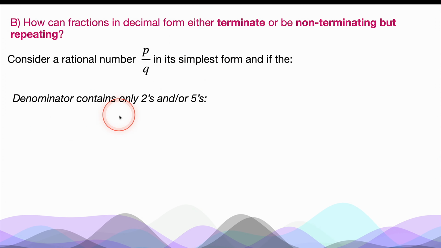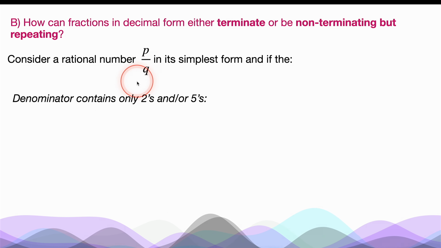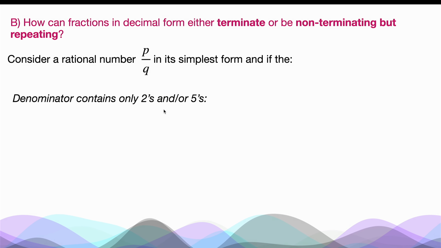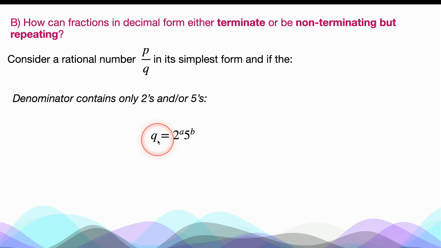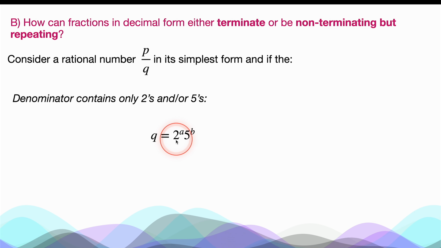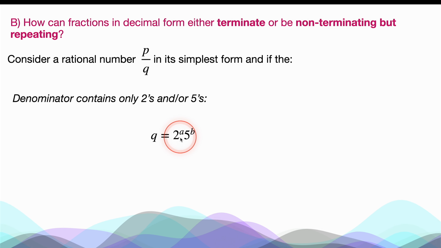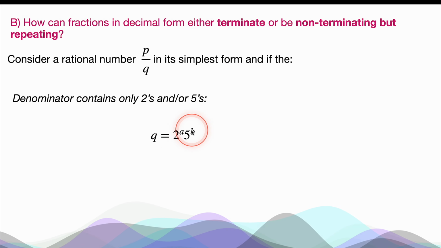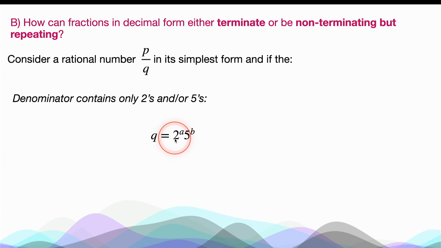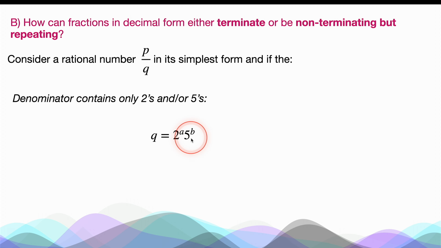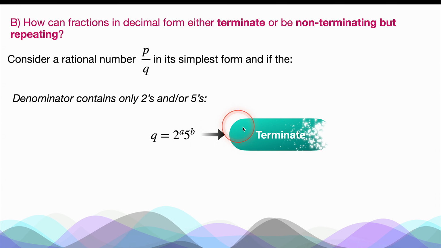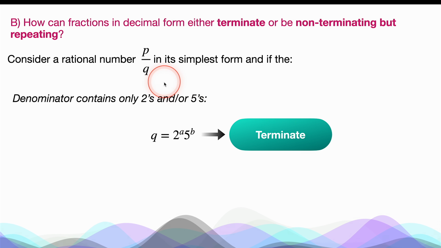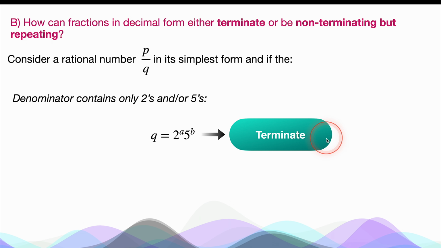Now, if the denominator q, if I represent q in its prime factorized form, contains only 2 and/or 5, that is 2 to the power of some number a multiplied by 5 to the power of some number b, so the denominator can contain either 2 or 5 or both together, in such scenarios, what happens? The decimal form of these fractions will terminate.